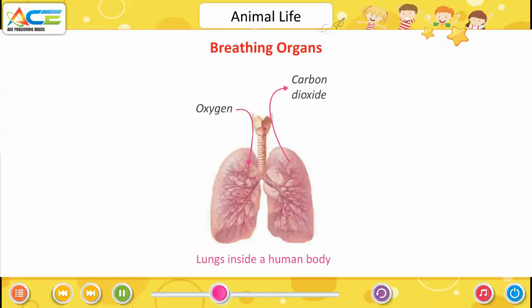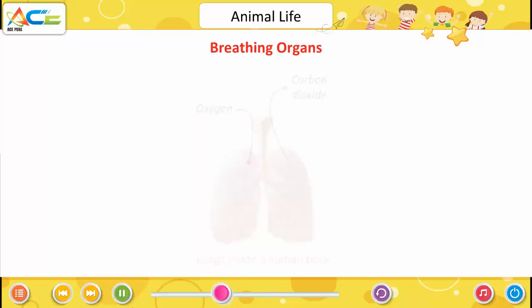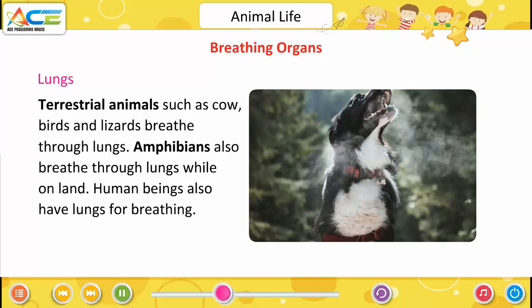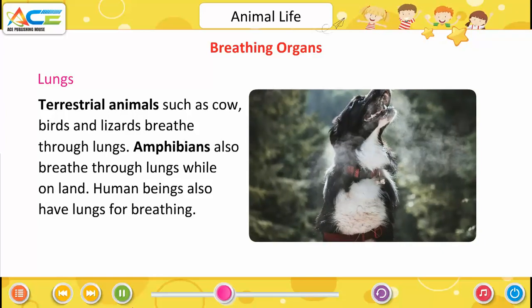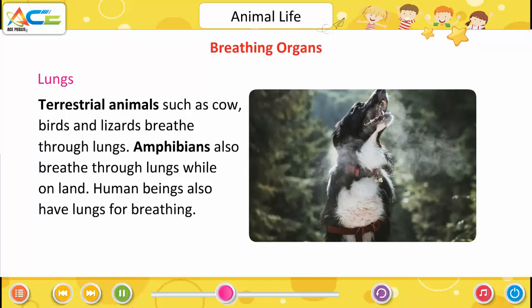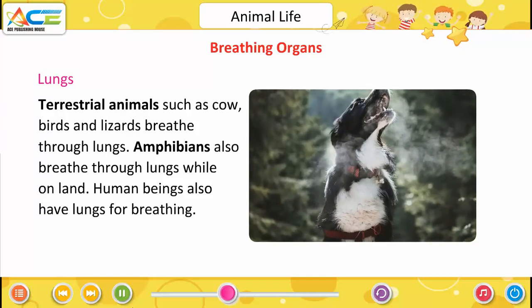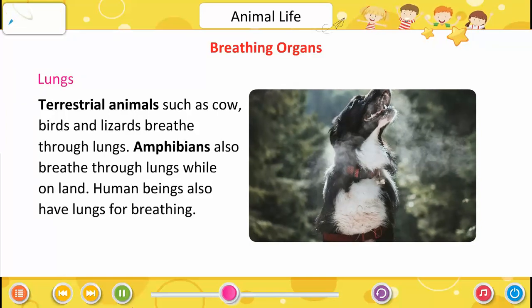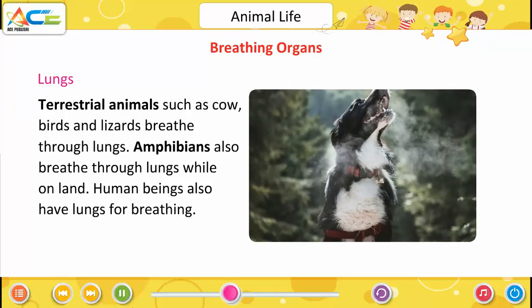Terrestrial animals such as cows, birds and lizards breathe through lungs. Amphibians also breathe through lungs while on land. Human beings also have lungs for breathing.